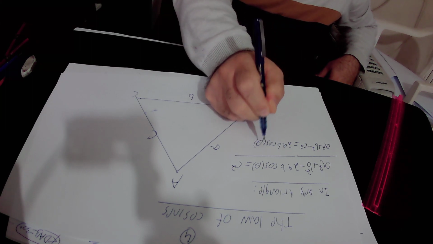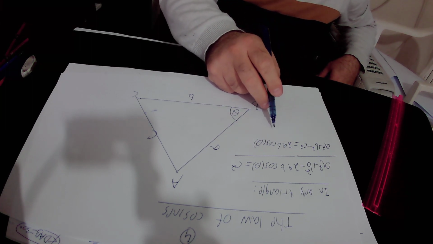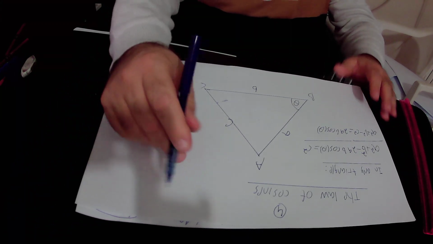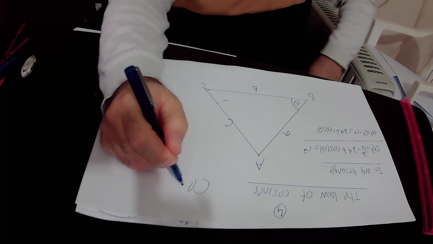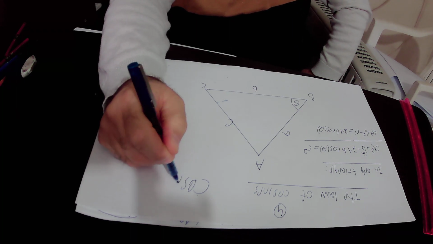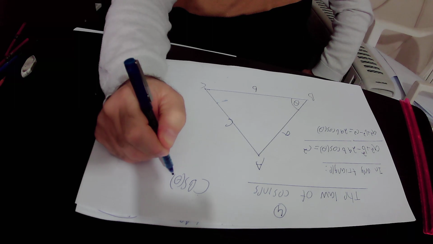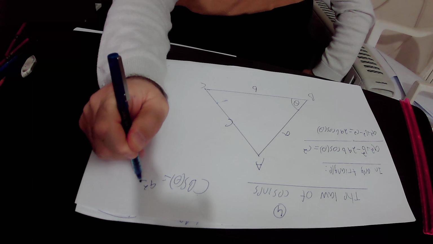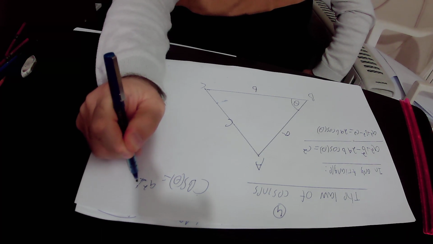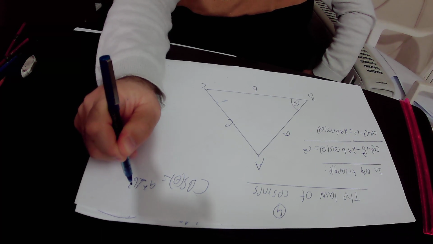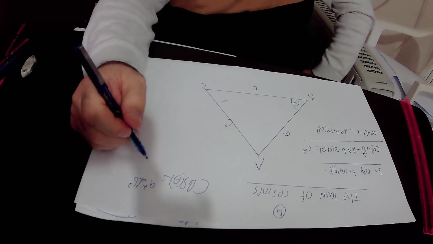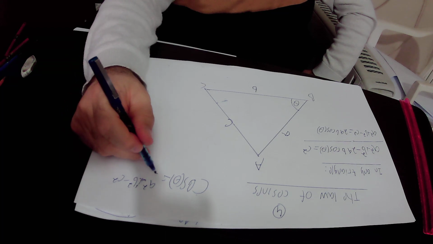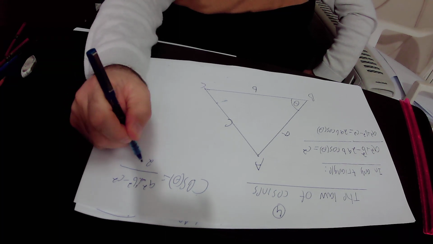Here we will divide this equation by 2 times AB, and we will get that cosine theta equals A square plus B square minus C square over 2 times AB.